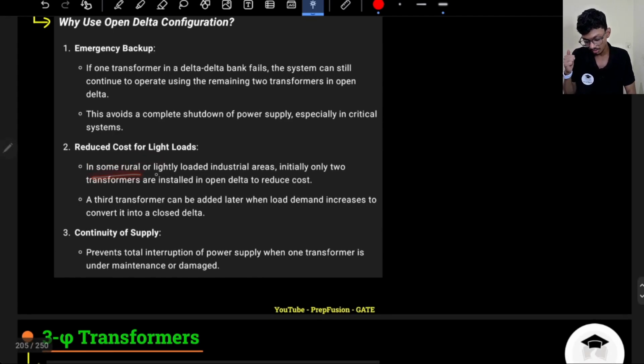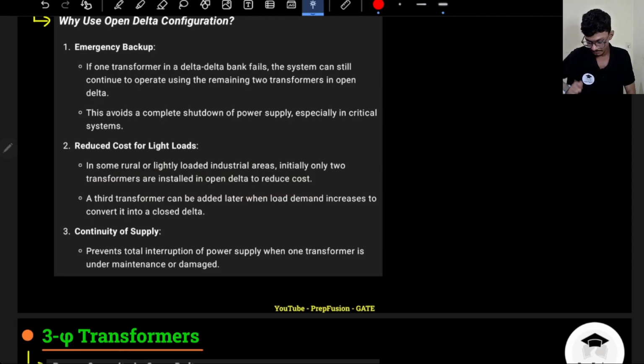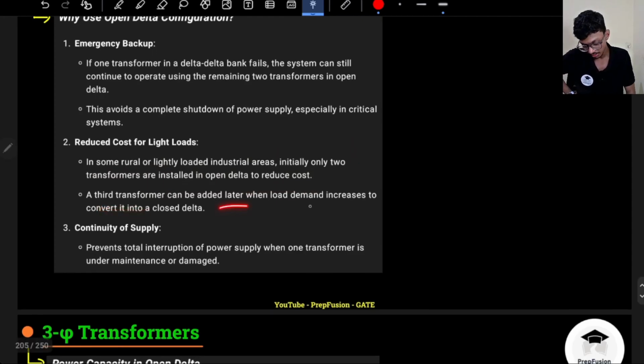In some rural or lightly loaded industrial areas, initially only 2 transformers are installed in open delta to reduce cost. A third transformer can be added later when the load demand increases, to convert it into a closed delta. For certain cases open delta is good.